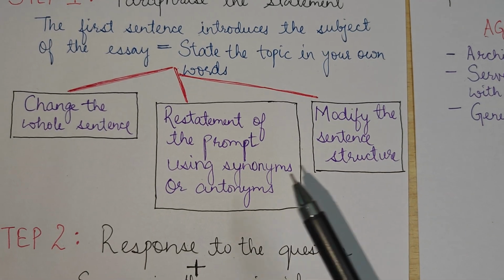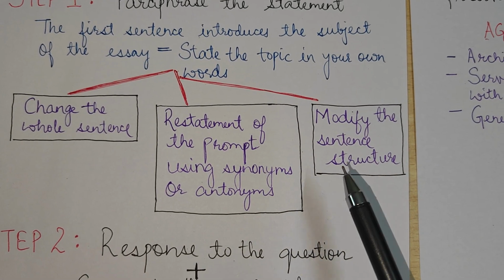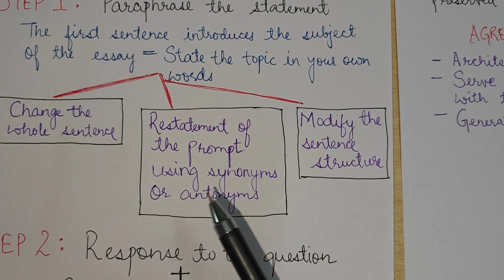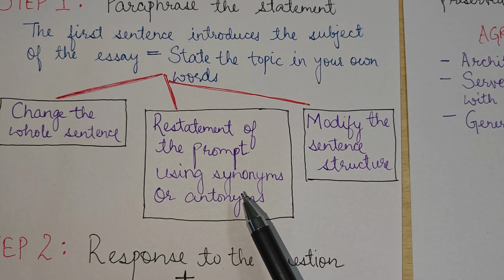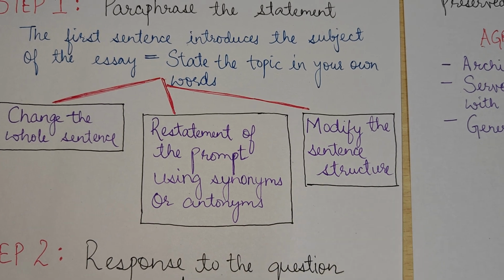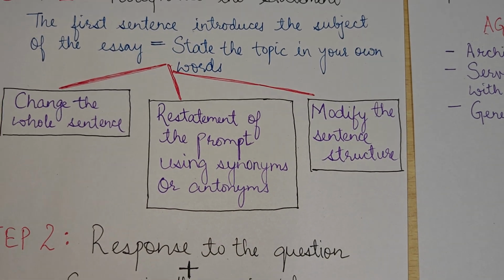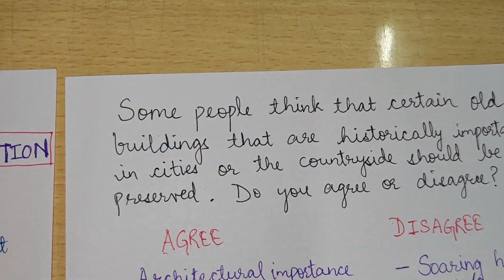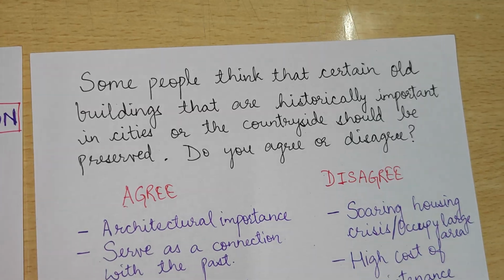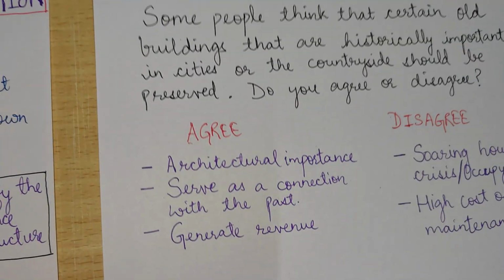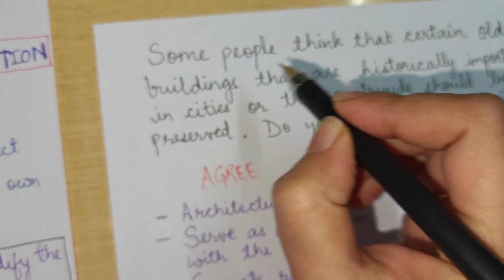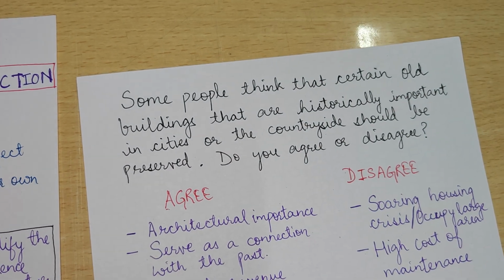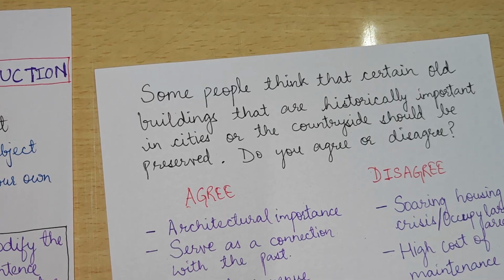We can have a look at both these types right now. I'll take you to the question and we'll see how to use synonyms or antonyms to rewrite our statement, and how to modify the sentence structure. First we have this question, and now we see what synonyms or expressions we can change. We have "some people think." For "some people think," there are different expressions that you can use.